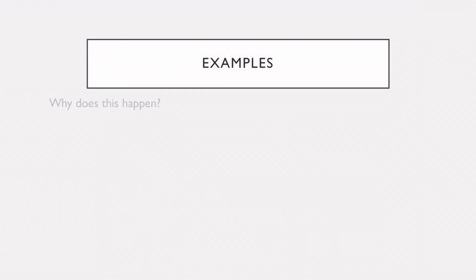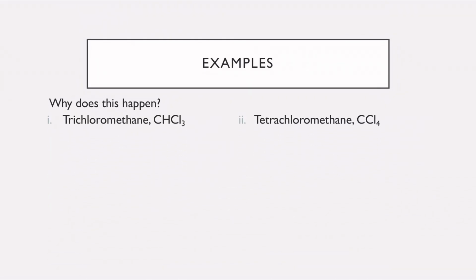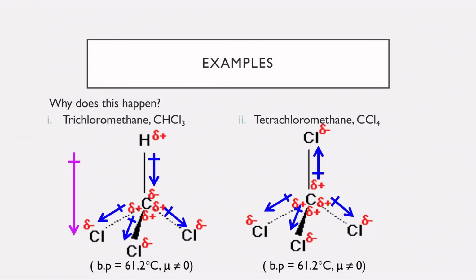Okay. For example, why does this happen? You have trichloromethane, CHCl3, and you have tetrachloromethane, CCl4. Right here, you have the molecular shape of your molecules, and I've already put the bond dipoles. So tadi cakap if the molecular mass is almost similar, you will look at polarity, right?